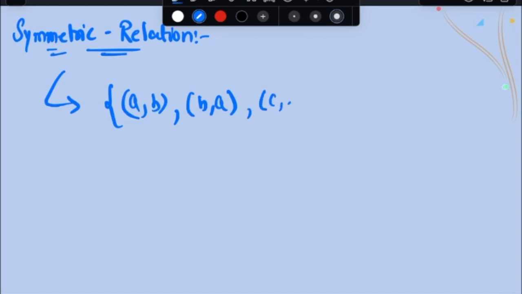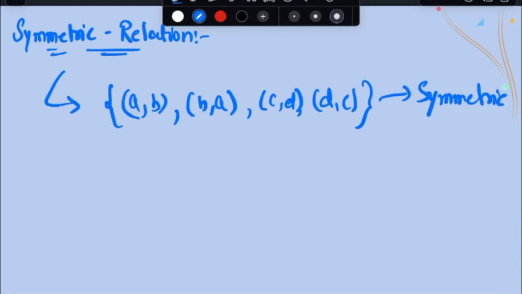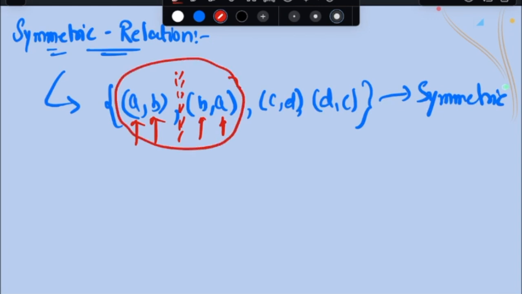If it contains C comma D, then it must contain D comma C also. Such type are known as symmetric relation. If you put a mirror, you can see symmetry between A comma B and B comma A.